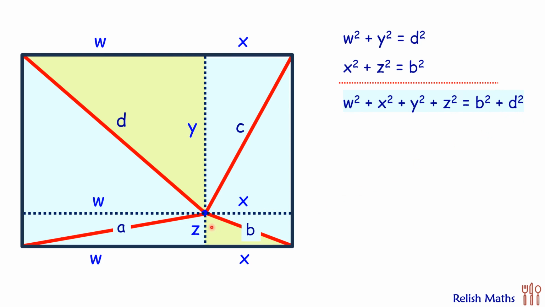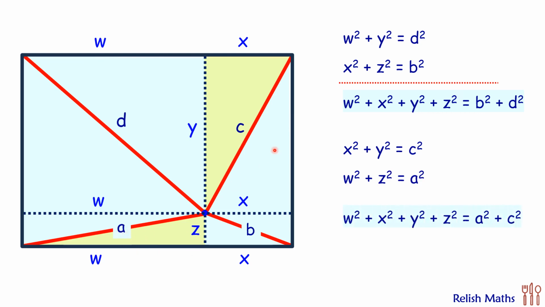Now similarly, instead of these two triangles, if we take this triangle, in this particular triangle we apply Pythagoras theorem. So we get X square plus Y square is C square. And if we take this triangle, here we apply Pythagoras, so W square plus Z square is A square.